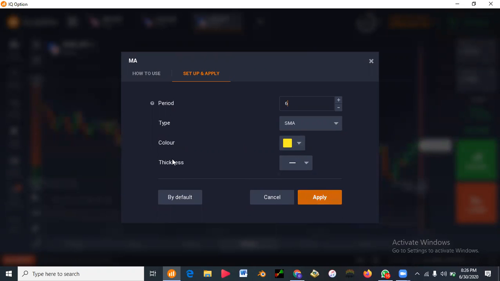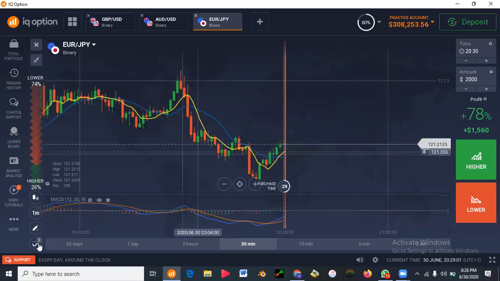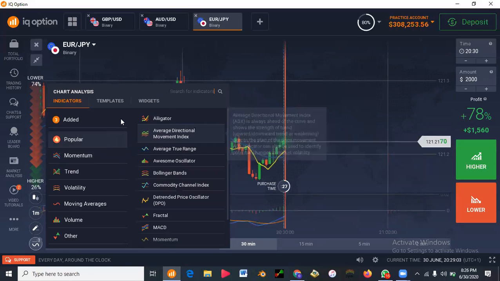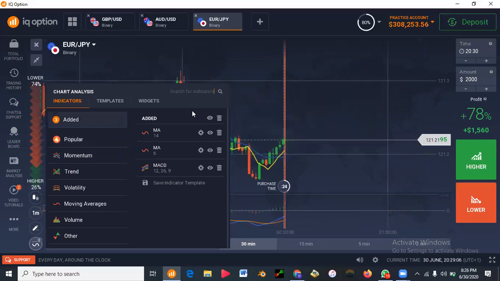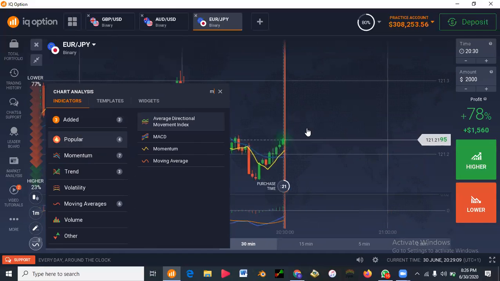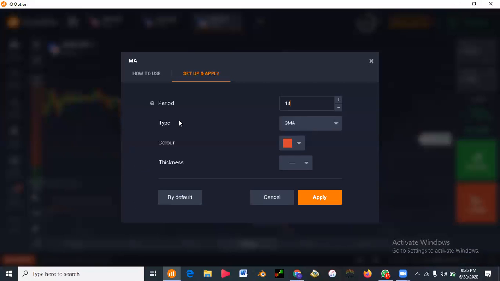Don't add any other type of moving average. Simple moving average, SMA. I mean simple moving average is always SMA, so don't change it to any other thing. Some people feel, why don't I just try this WMA?